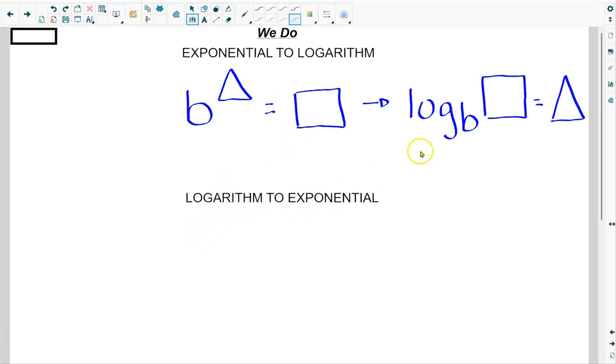Now, what happens if we go in reverse? Same thing. If they give you a logarithm, and again, I get it. It's scary because it's your first day looking at logarithms. So we're going to talk more in detail later. For now, you've got a logarithm, base b, of some number, maybe even a variable in here. Who knows? That's why I'm using a square, just to keep away from the distractions and just realize whatever's here will be in a square.